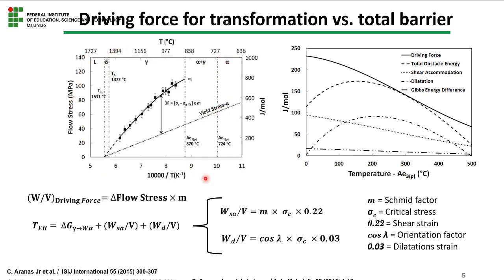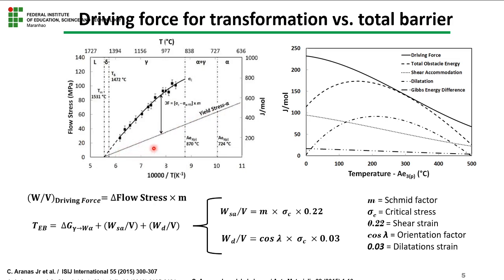When you see this chart on the left side, we have here the yield stress of ferrite. We had many results. When you extrapolate this line, we see this trend until here, to the point of the delta ferrite, passing through the single ferrite phase, increasing the temperature, passing through the A1 line and A3 line, the double phase region, until the austenite phase region, where we had this extrapolated line.